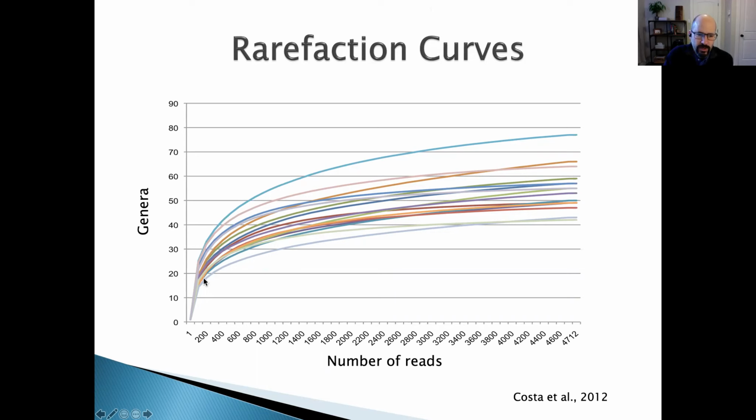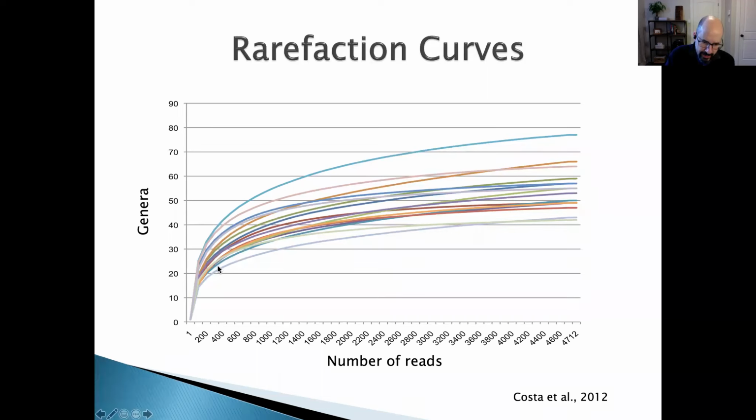Every time I get a new sequence, I'm getting a new genus. And therefore the curve is much steeper at the beginning of the plot just because it has a higher diversity. Remember the concept of diversity, or at least one of the formulas: the probability that for every DNA strand you take out of the bag, you're going to find a different type of bacteria. That's what's happening right here.